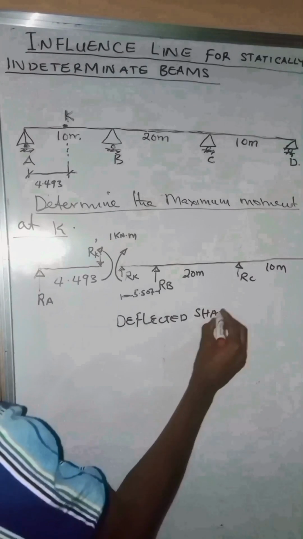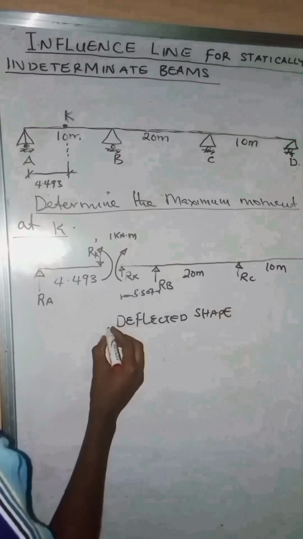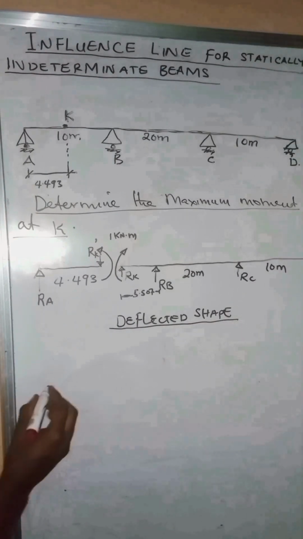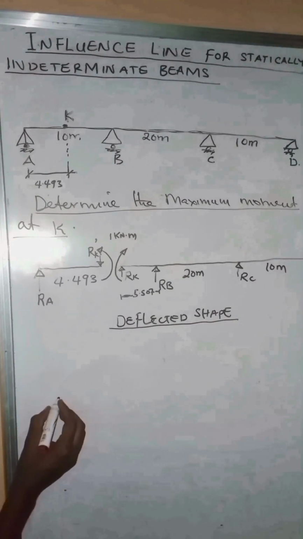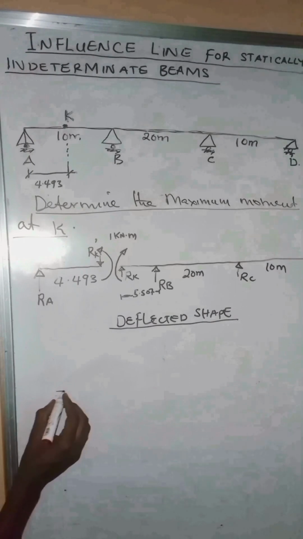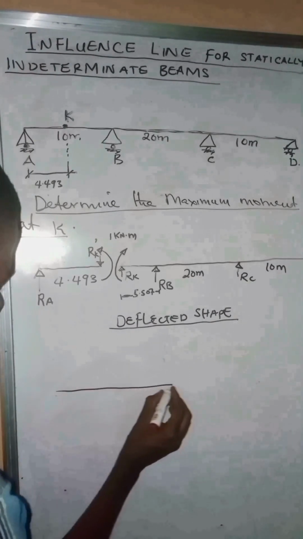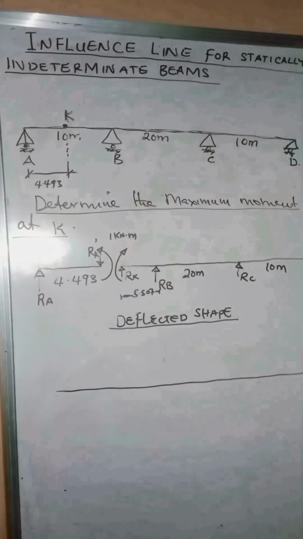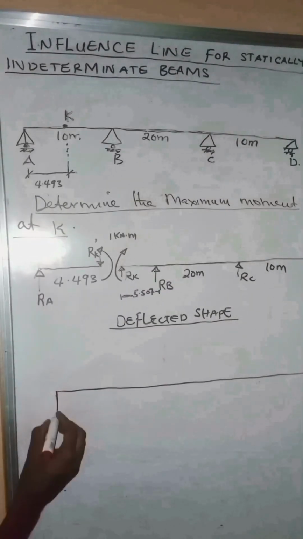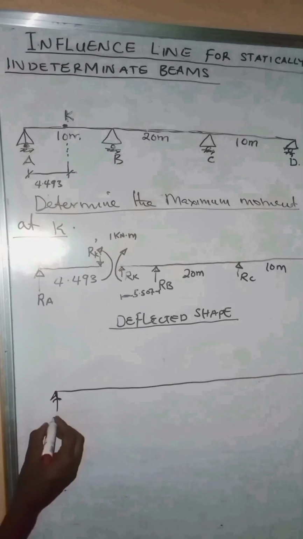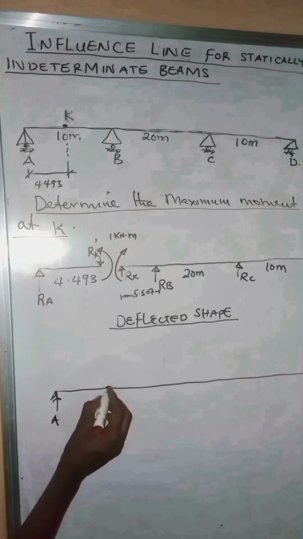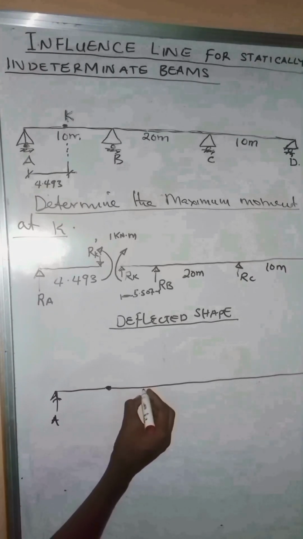Remember, the deflected shape of the continuous beam due to the application of a couple moment at point K will give us the influence line diagram for this beam at point K. So let's draw it.